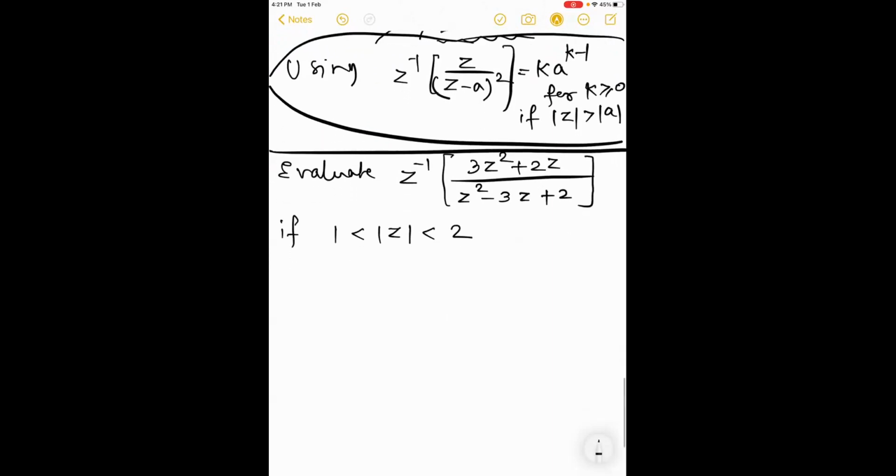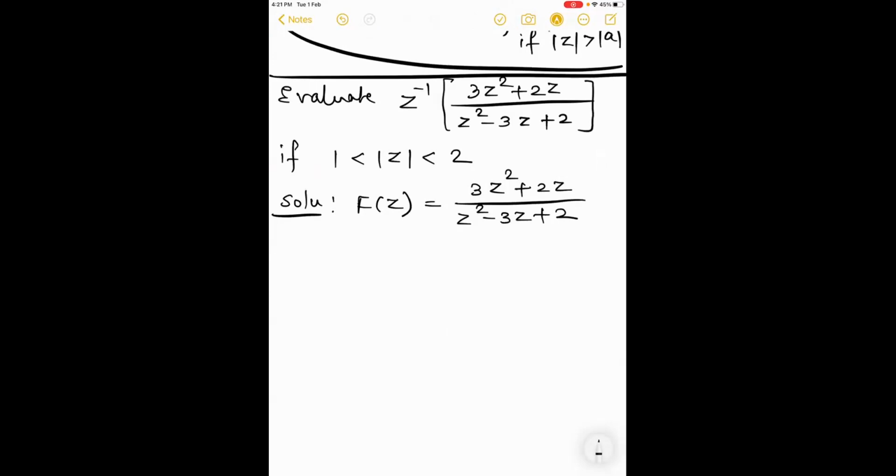Find the inverse transform of 3z square plus 2z upon z square minus 3z plus 2. Can you find the factors of the denominator in F(z)? Can you tell me the factors of the denominator?